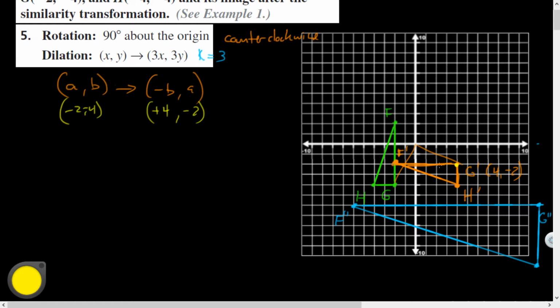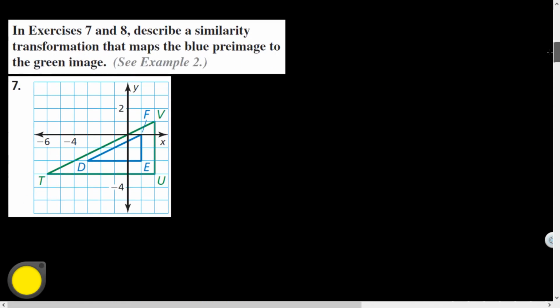Or if I was dilating from F prime, this is down 2 and over 6. And if I was dilating by a factor of 3, I'd have to go down 2 and over 6 and down 2 and over 6 again and get my new point. So yeah, sometimes we do dilate from points that are not on the origin.